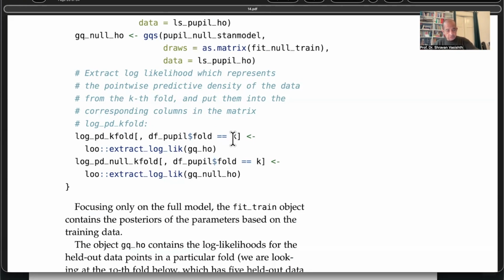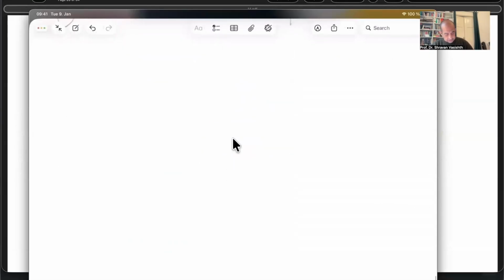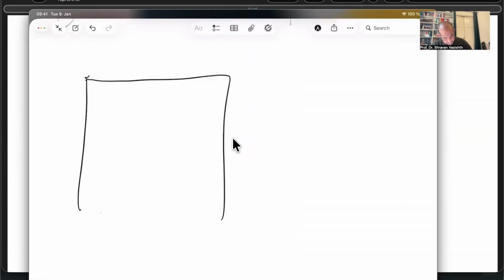So let me show this to you on the iPad. Suppose, I'm just making this up, but in the matrix that we have that has 1500 rows and 41 columns, this is just a hypothetical case. Let's say the columns 4, 8, 16, and 21 correspond to the first fold.